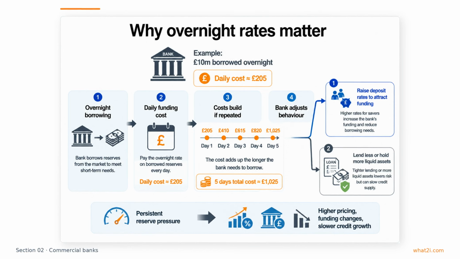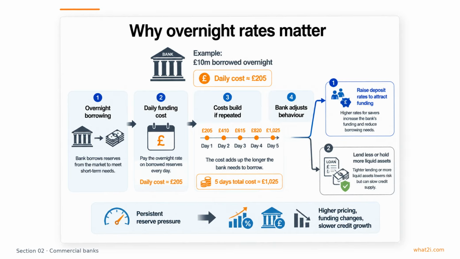A bank may respond by trying to attract more deposits, raising what it offers savers, or reducing how aggressively it lends. It may also choose to hold more liquid assets, so it is less exposed to future shortfalls. Over time, that can tighten credit conditions for the broader economy. So, overnight rates matter not because one day is huge, but because repeated funding pressure changes bank behavior.